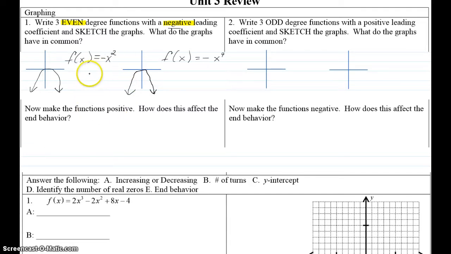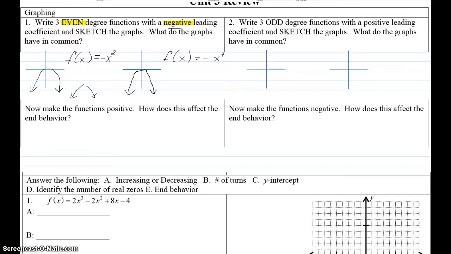So what do the graphs have in common? Well, as we look over here, we see that as we go to negative infinity, our graph's going down. As we go to positive infinity, our graph's going down. So if we were to use our notation, we would say something like that.